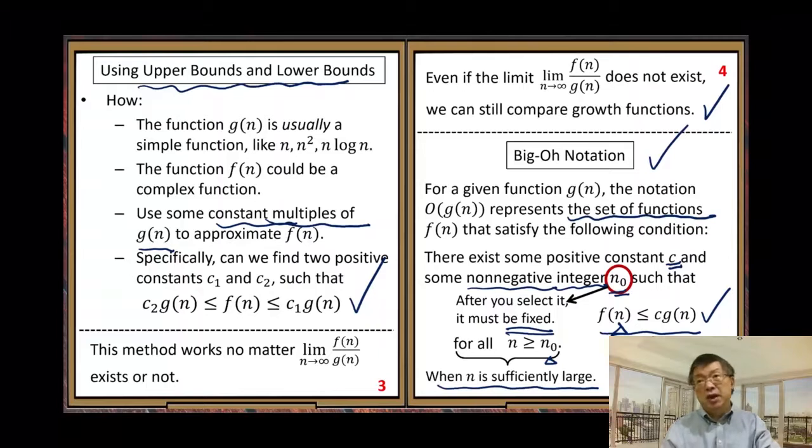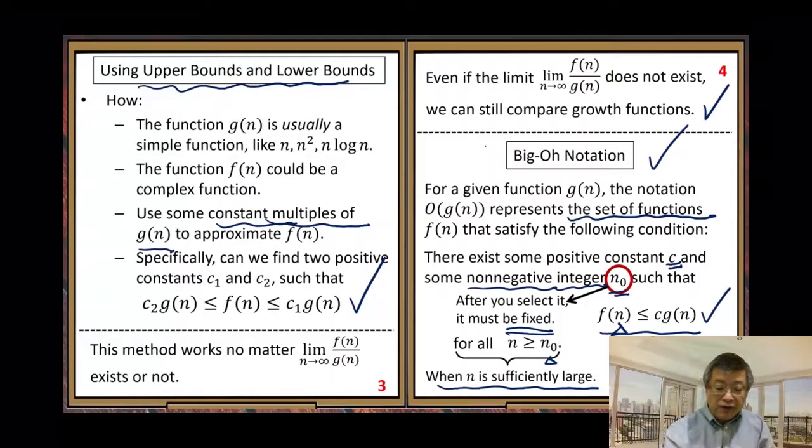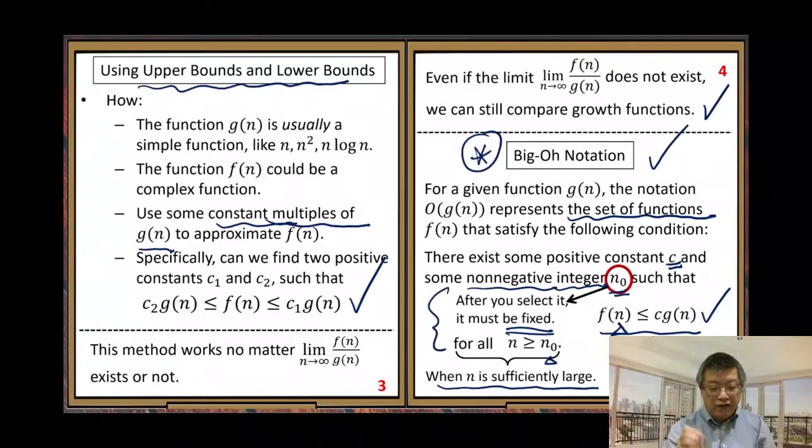Sufficiently large is too vague. If you only understand it from the English language, you will feel it is vague. But this definition gives you the precise meaning of sufficiently large. The way we use n0 is what sufficiently large means. All right, so we finish C.1.